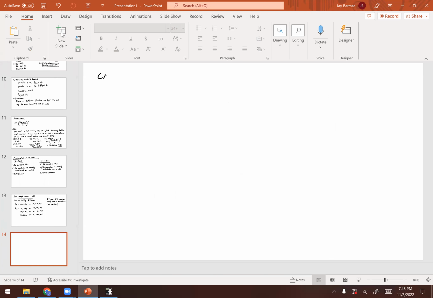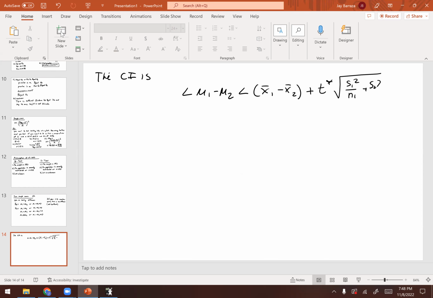So the formula for it, how did I do the last one? I mean, critical value. I'm not even going to do that because I wouldn't make you calculate the degrees of freedom. So the confidence interval is mu1 minus mu2 less than x bar 1 minus x bar 2 plus t star times the square root of s1 squared over n1 plus s2 squared over n2.